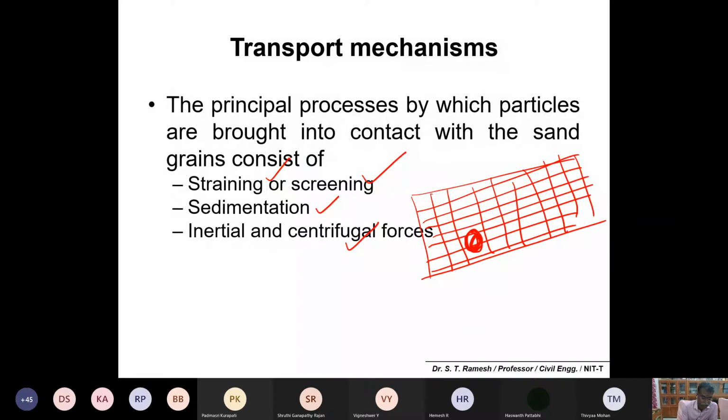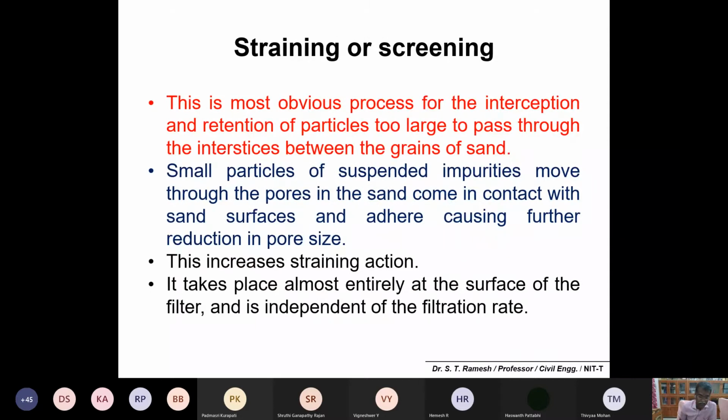The first concept, and the second concept is sedimentation. The interstices, the spaces in between two individual grains, will act as a sedimentation basin where the particles can settle down without any difficulty. This is the second mechanism. The third mechanism is about inertial force. Sieving or straining we have discussed in the last class: the top layer of the sand will act as a micro strainer, which will not allow the bigger particles to penetrate further.